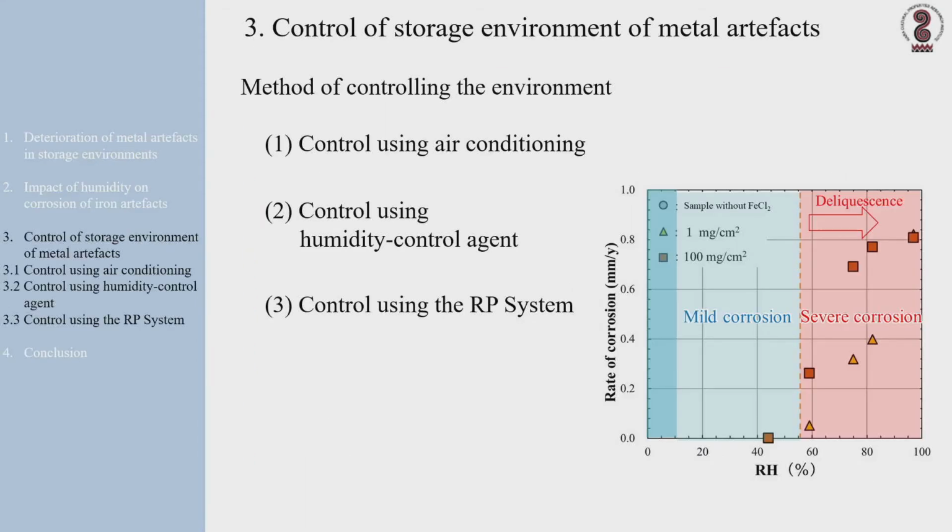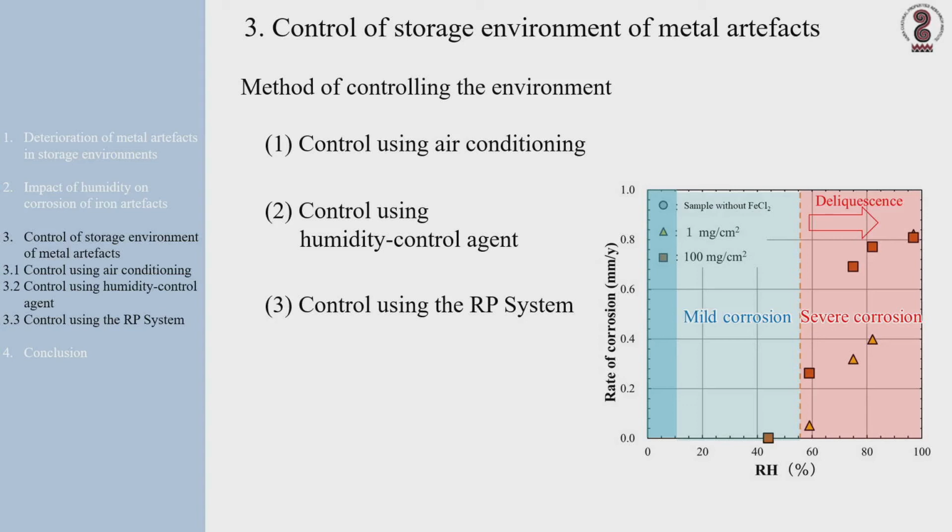Up to now, we have learned the mechanism behind the corrosion of metal artifacts and what sort of storage environment suppresses deterioration. Finally, I would like to explain how we can make a storage environment that can suppress the deterioration of metal artifacts.